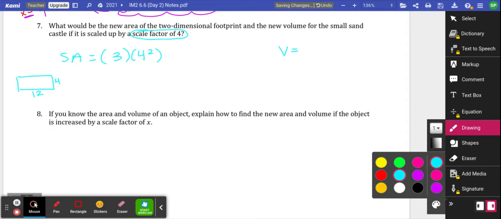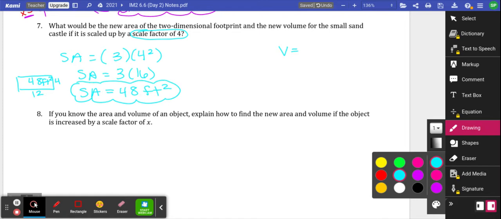So then you would take 12 times 4 and get 48 feet squared. So that would be if you're looking at a picture. And if you're just doing this algebraically, you could think about it as 3 times 16. And once again, you get 48 feet squared for your surface area. So that's our scaled up surface area.